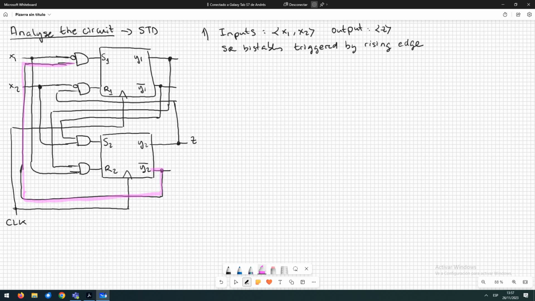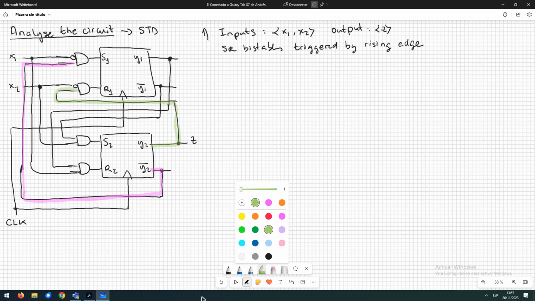Here in this AND gate I'm going to use a different color. Here we have, for example, the state variable not negated of the second bistable.